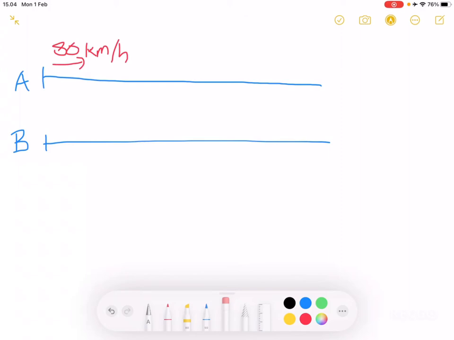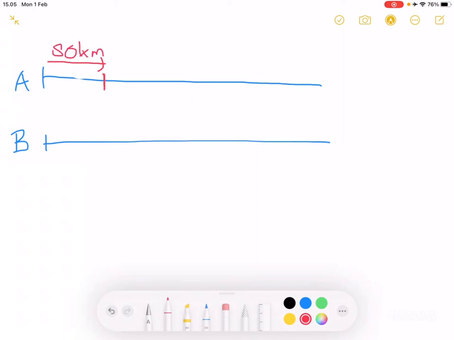So note this is, let's just look at a condition where, let's say at 7, because 7 is where car B will start to depart. So note that car A will already travel 80 kilometers, because that is the distance covered by car A in a span of 1 hour.